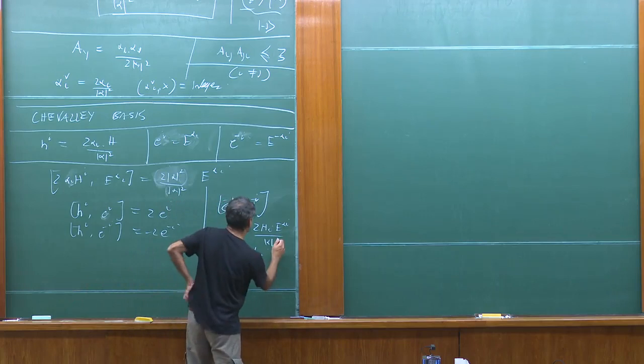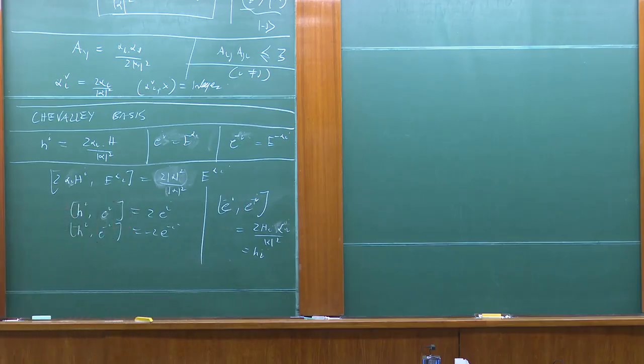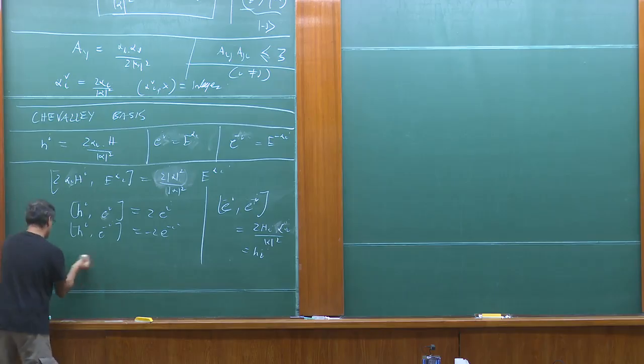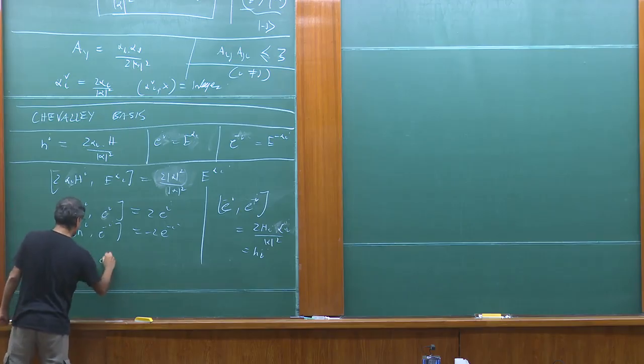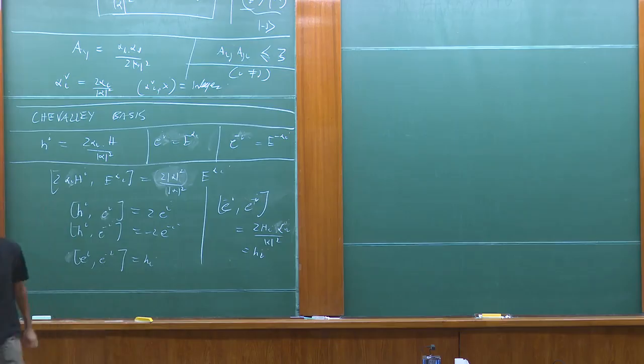Alpha i dot H times 2 over mod alpha squared is simply equal to Hi by definition. So the relationship that looked complicated in the earlier basis looks a bit simpler: Ei with E minus i is equal to Hi.